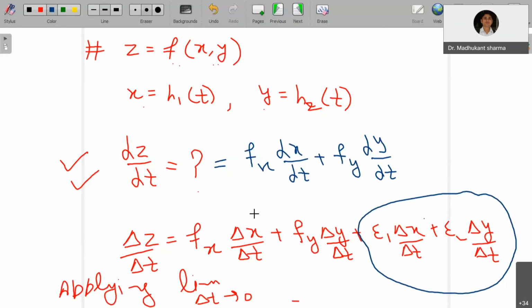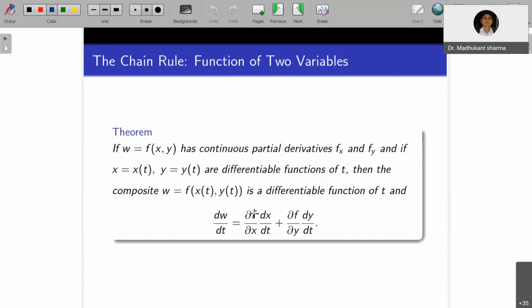Here I have this result, which is named as a theorem. If w is equal to f of x, y has continuous first order partial derivatives, and x and y are differentiable functions of t, then everything is fine and you can find dw by dt by that.